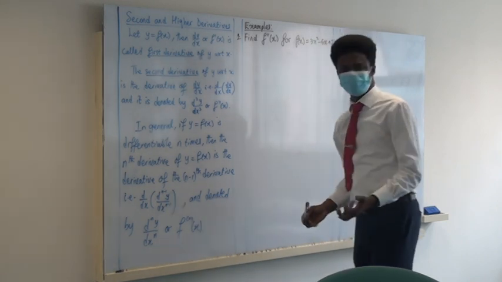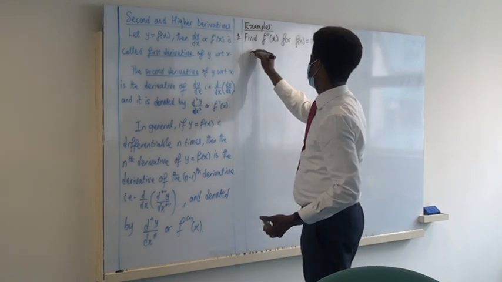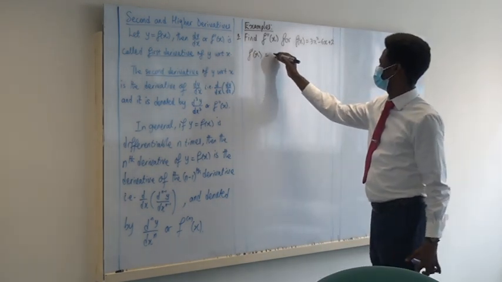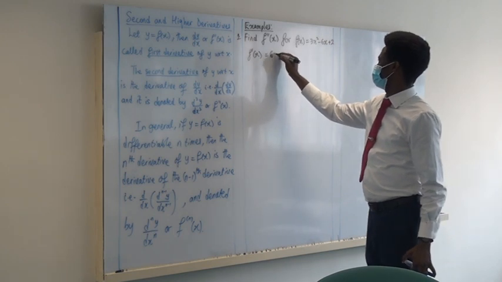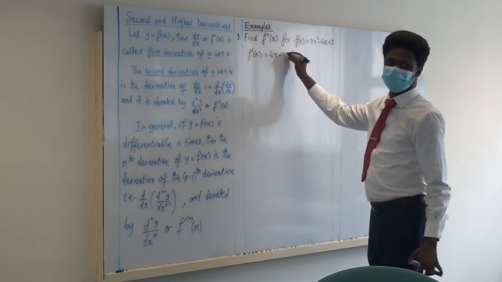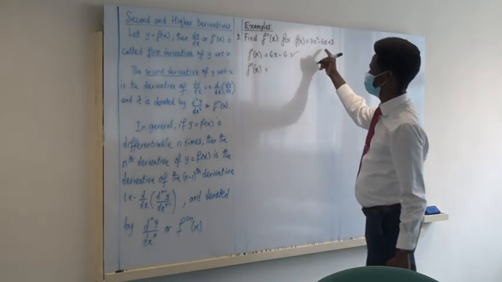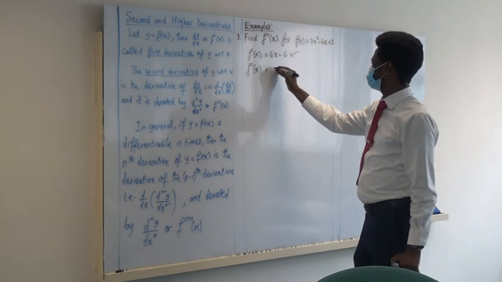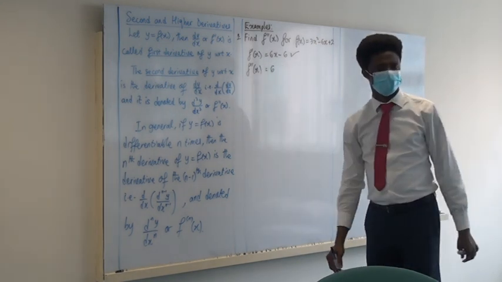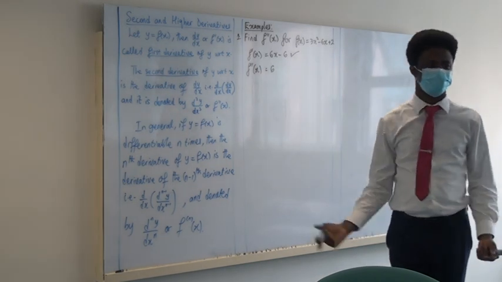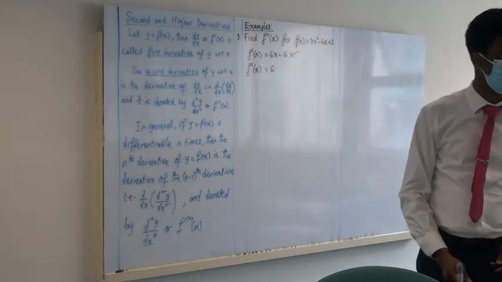So what you do, you start from the first one. The first derivative, clearly, is what? 6x minus 6. And the second derivative means differentiate this result. What's that? 6. And your third derivative will be what, if necessary? 0. So you can't even go beyond 3 times.